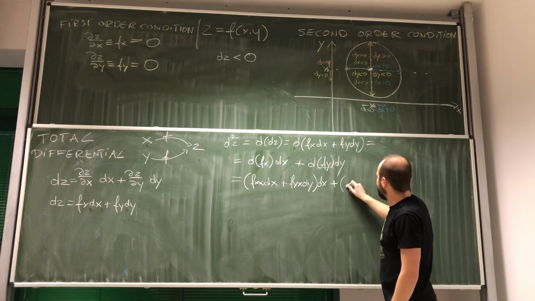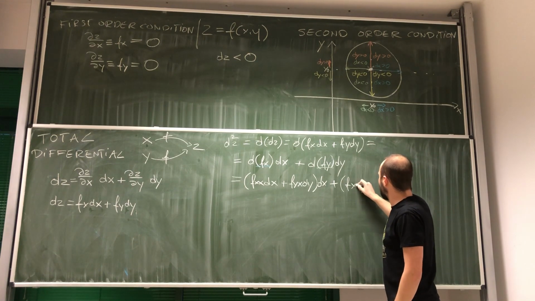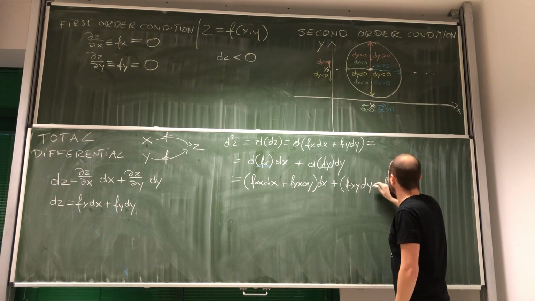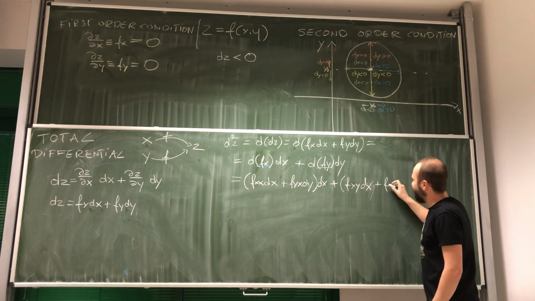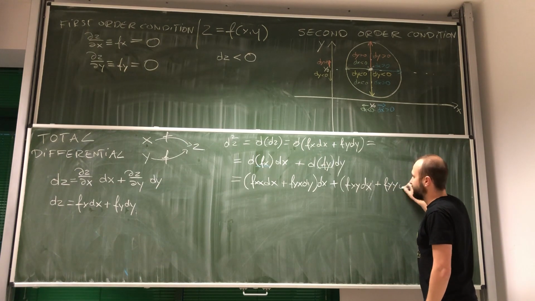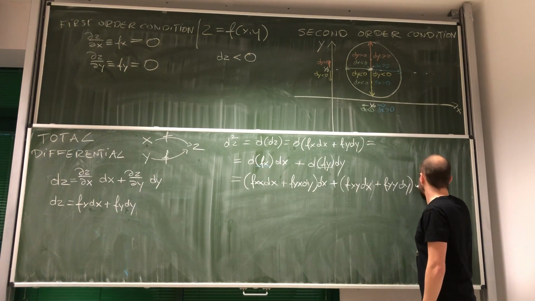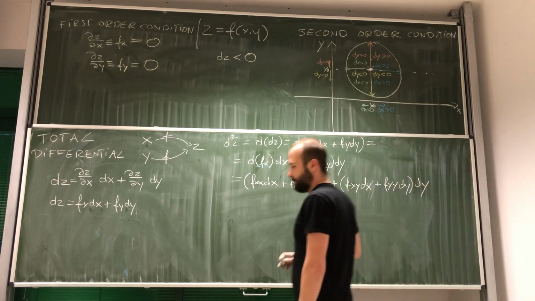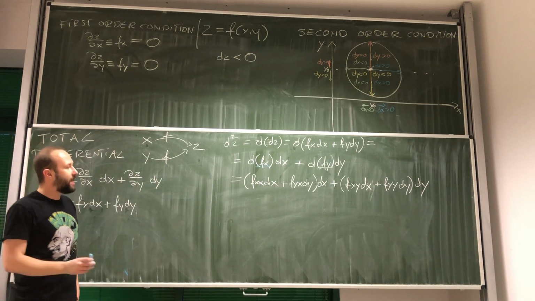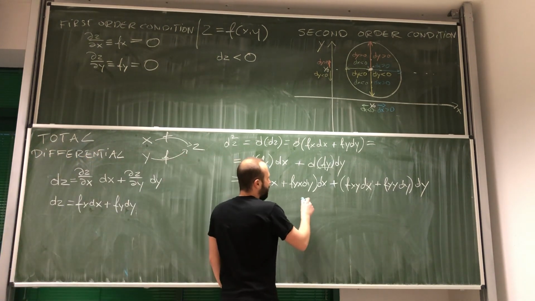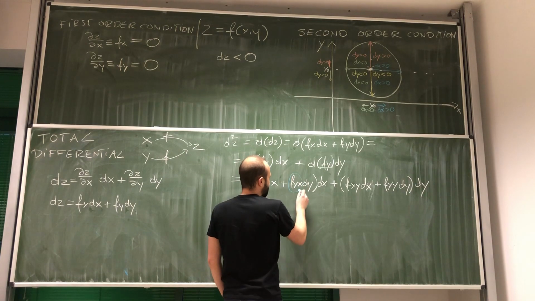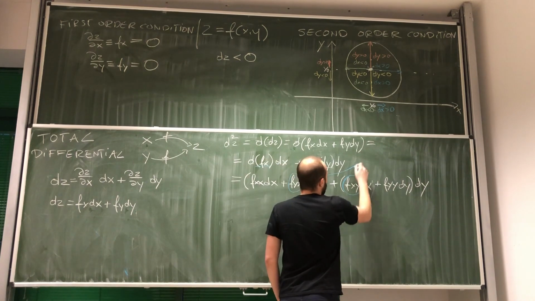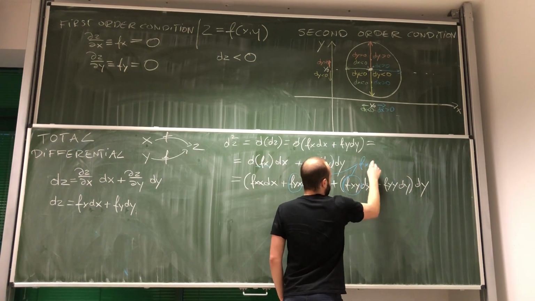So this is fxy dy plus dx fyy dy times dy. We can easily notice that, based on Young's theorem, those two expressions are identical, so I'm going to write them from this point on both as fxy, right?